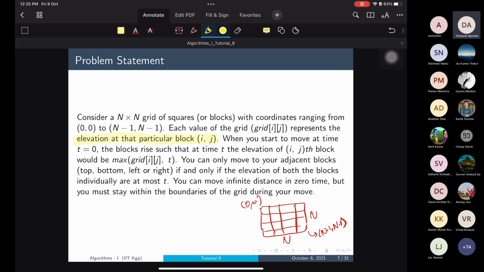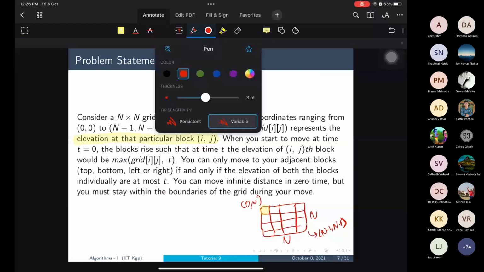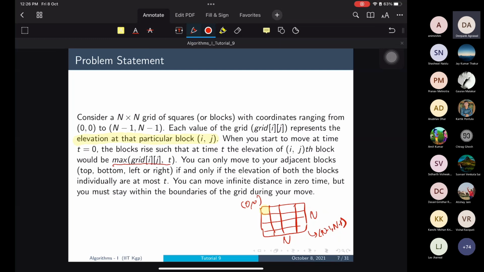When you start to move at time t equals 0, you will be at the start point 0,0, and you will start moving from there. Since the blocks have elevation, as time progresses the blocks rise, such that at time t the elevation of block ij will be the max of ij and t.